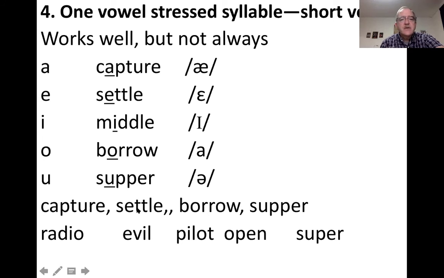Capture, settle, borrow, supper. All right, now these words don't always follow the rule. These words break the rule. Radio, evil, pilot, open, and super. These break the rule, I'm sorry, but most of the time the rule works and the stressed sound is short. All right.